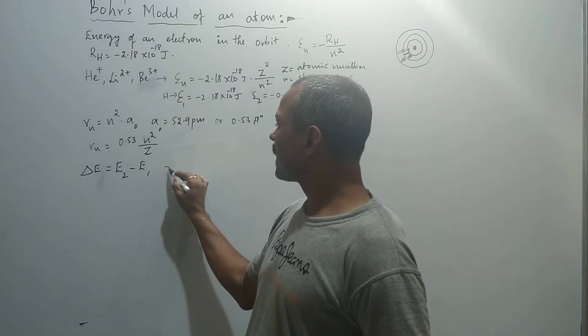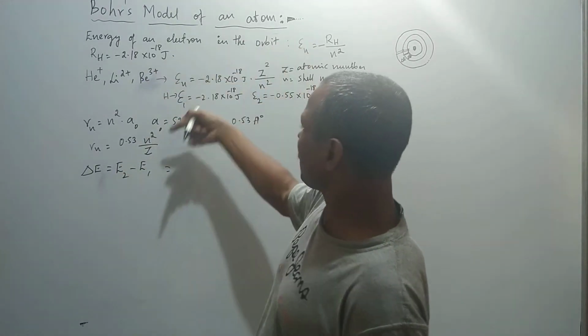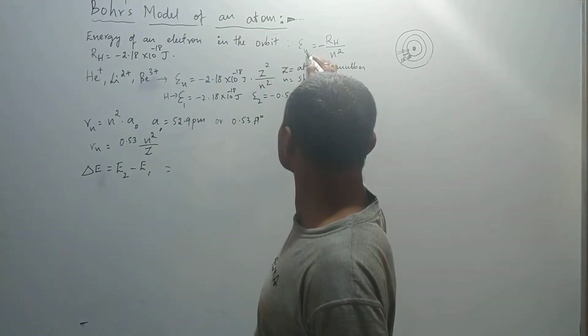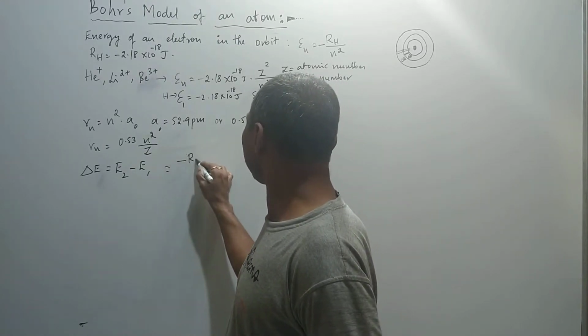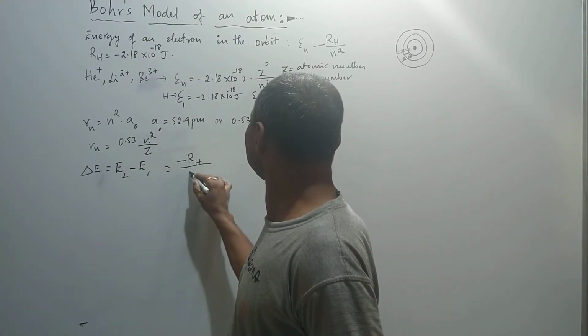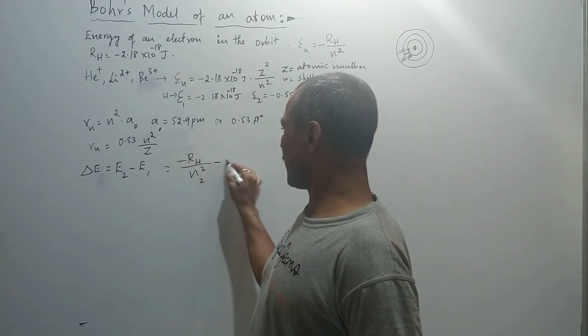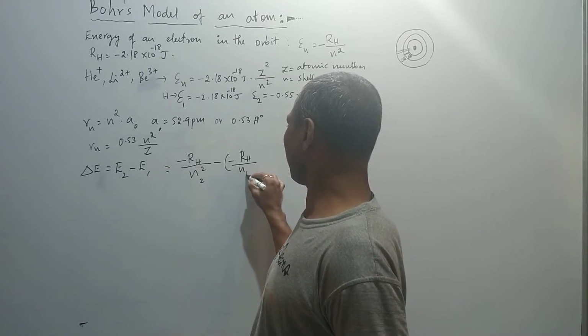So here I'll put the value of E1. If I consider this, then the value will become minus RH by N2 square minus of minus RH by N1 square.